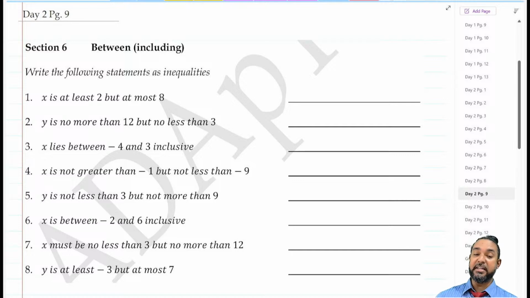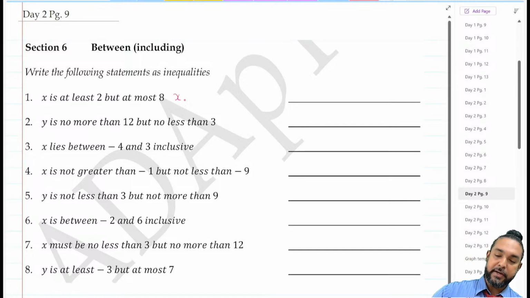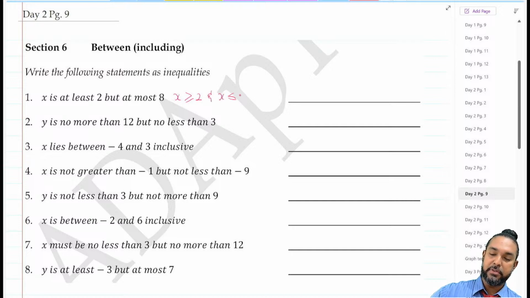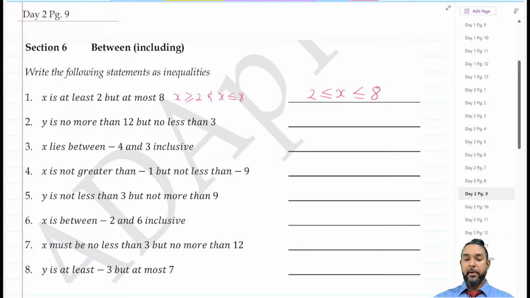X is at least 2, so x is greater than or equal to 2, but at most 8, so it's less than or equal to 8. When you put them together, x is at least 2, but at most 8. All right, so I want you to finish 2 to 8 for me. We'll correct that, and then I'll have some past paper questions we'll take a look at.